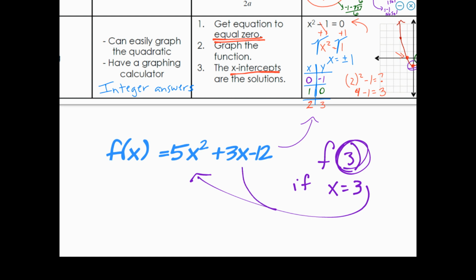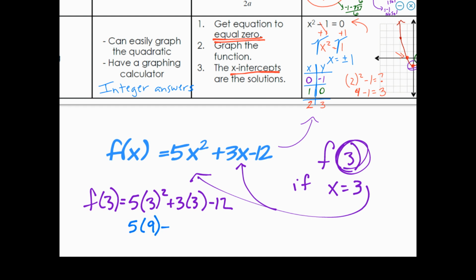So I'm going to substitute 3 in for my x's. So f of 3 is 5 times 3 squared plus 3 times 3 minus 12. So 5 times 9, because 3 squared is 9, plus 9 minus 12.